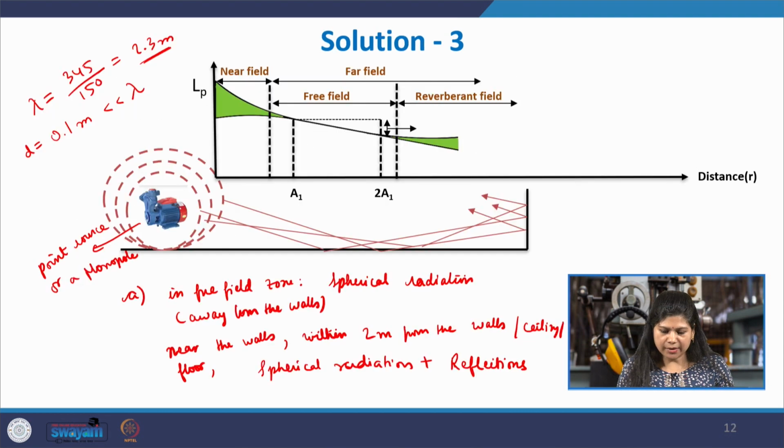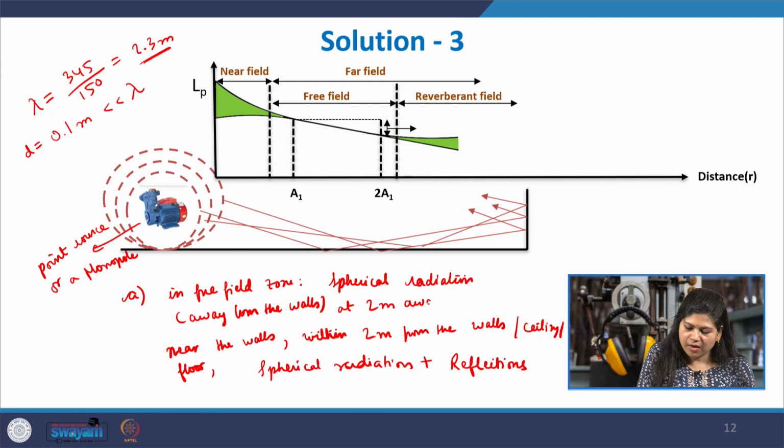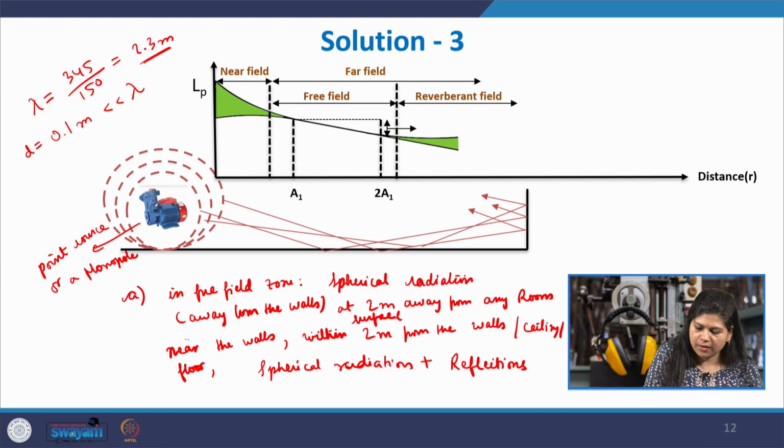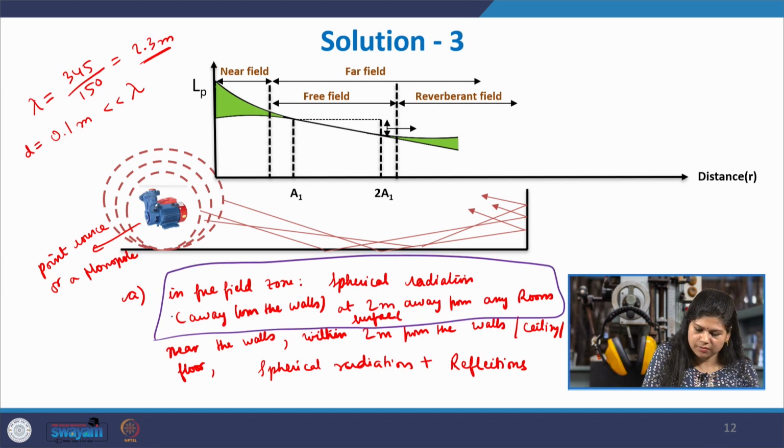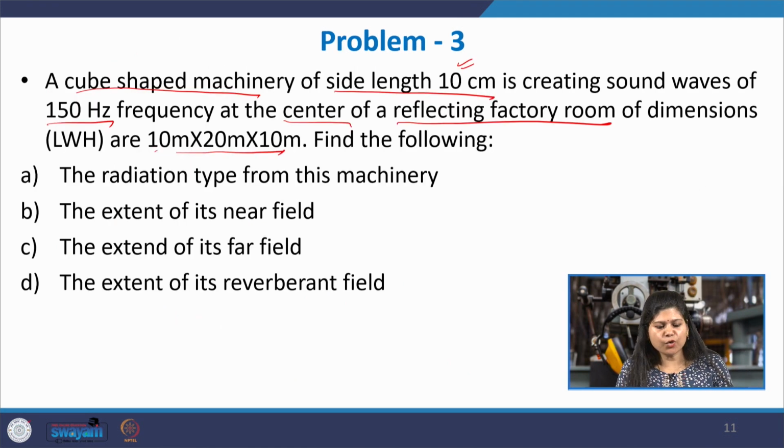When it is away from the walls, at least 2 meters away from any room surface, in this particular condition you get spherical radiation. Now, let us see the extent of the near field, the far field and the reverberant field.